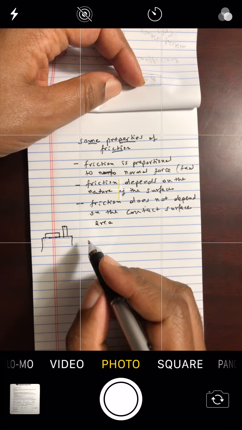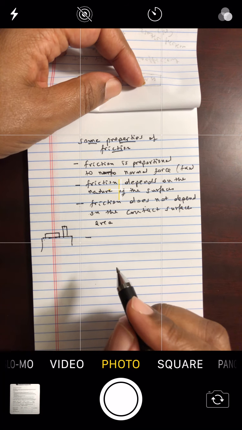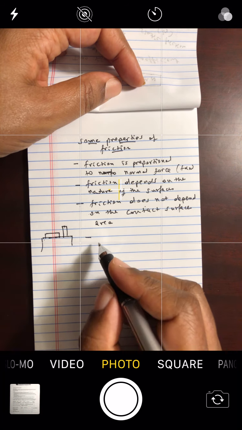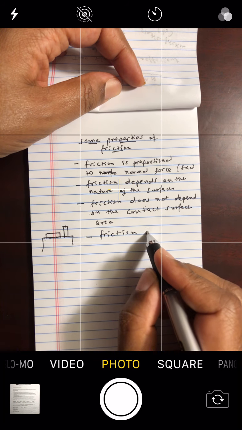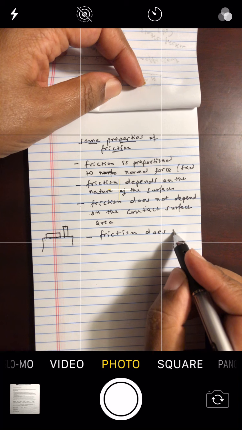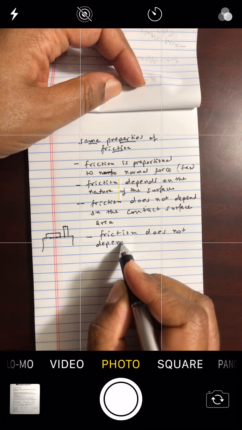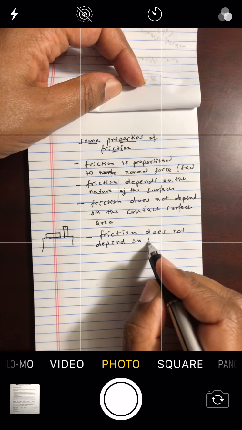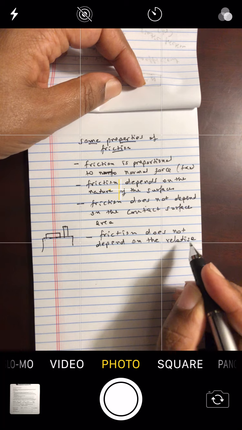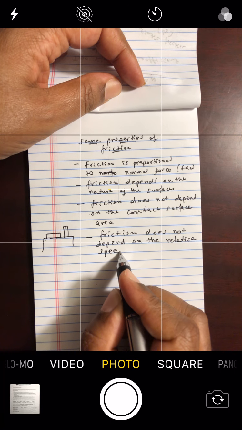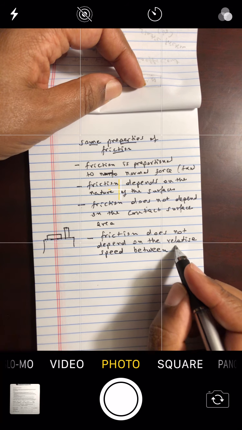And then the other property is that friction does not depend on the relative speed between the surfaces.